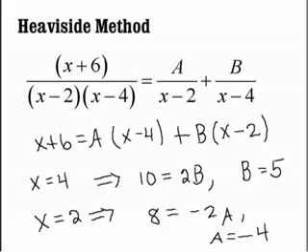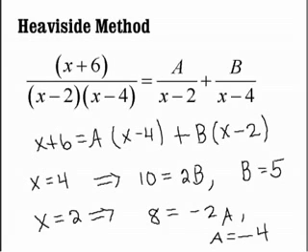Well, you can prove, using limits, that indeed these are the very values we should use to get a and b. Even though the original function is not defined for x equals 2 or 4, we can use the values x equal 2 and 4 to find the values of a and b. And this is called the Heaviside method.